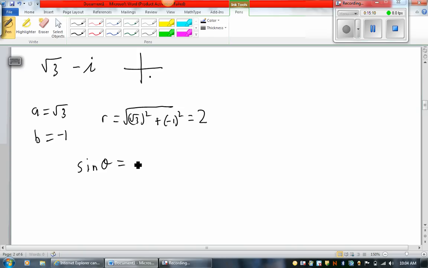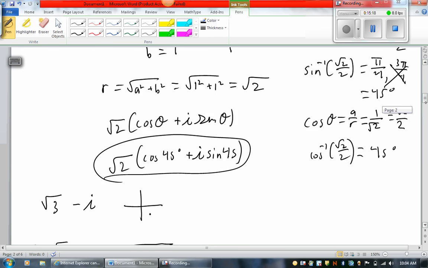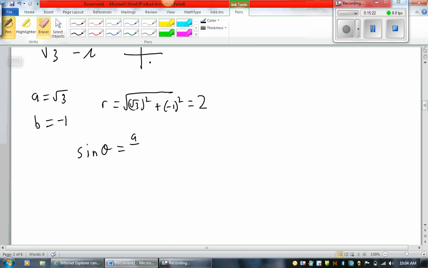Sine theta is b over r. Be careful with that.